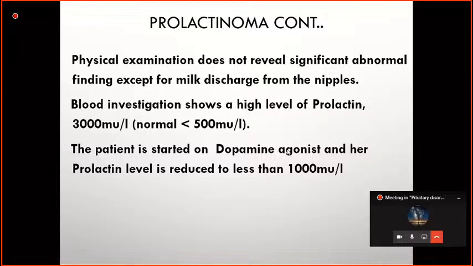Because you all have done hypopituitary, okay, actually thyroid hormone will be the last hormone which is affected. Thyroid hormone will be the last hormone to be affected when there is hypopituitarism.